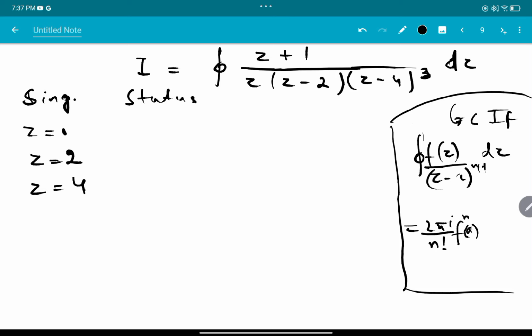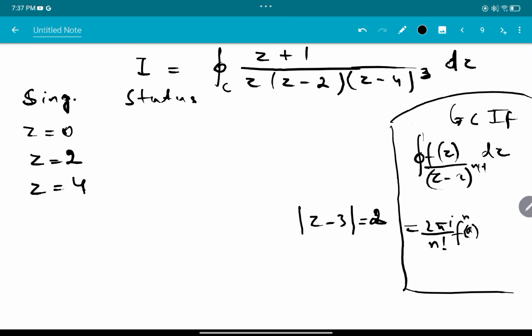Status means whether they are within our integration path. The given integration path is |z minus 3| equal to 2.